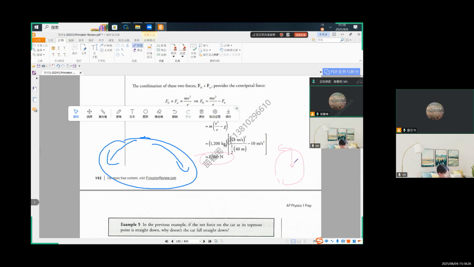So what will happen next moment? The velocity will face down to the left, at an angle, right? So that also makes sure it's going in a circular motion, right?